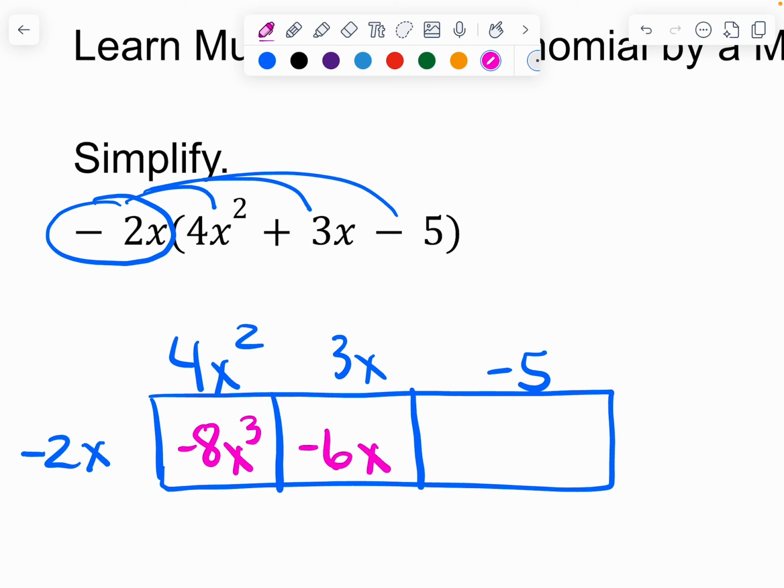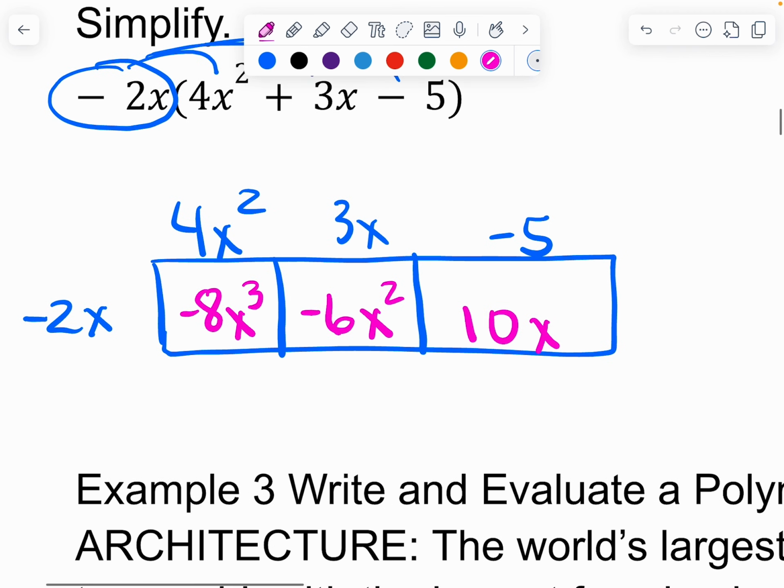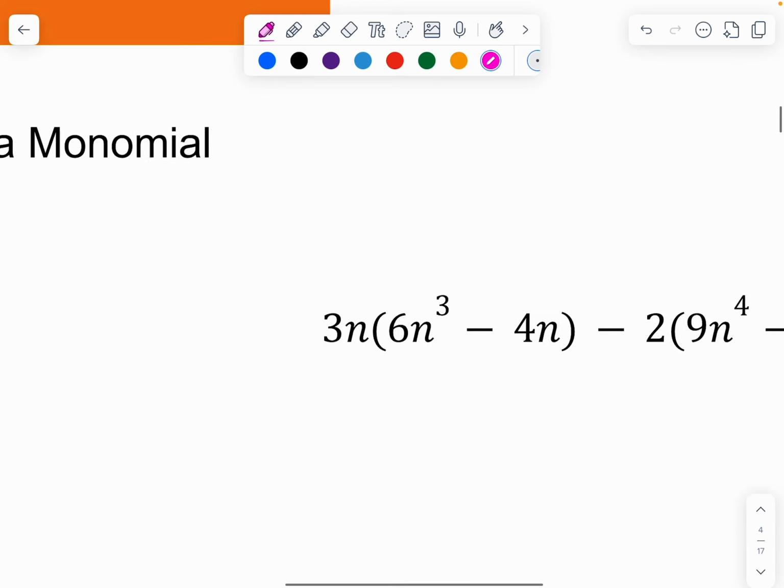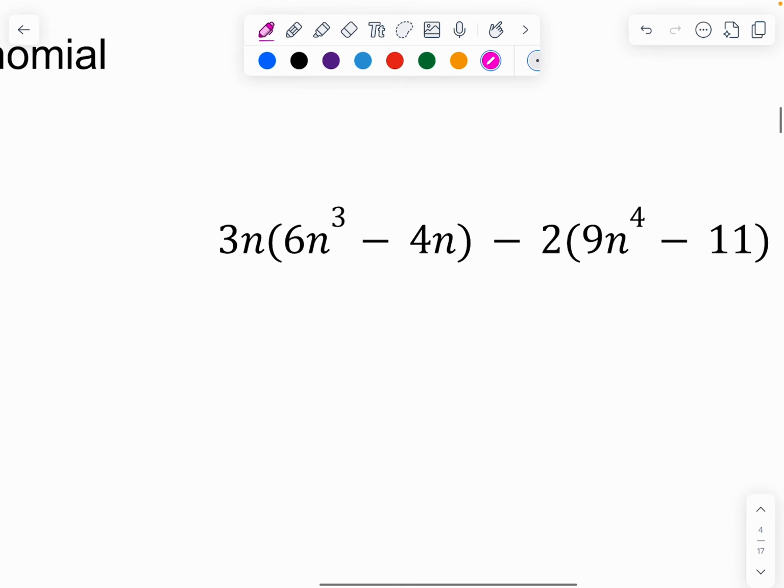X times x is x squared. And negative 5 times negative 2 is 10x. So my answer is negative 8x to the third minus 6x squared plus 10x, and making sure that it is in standard form.